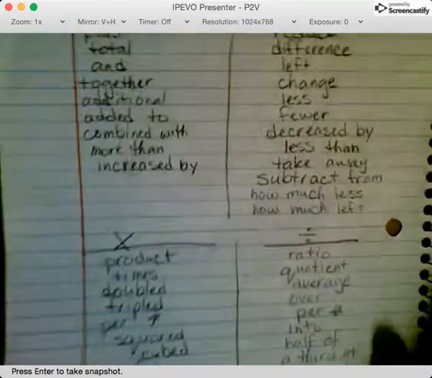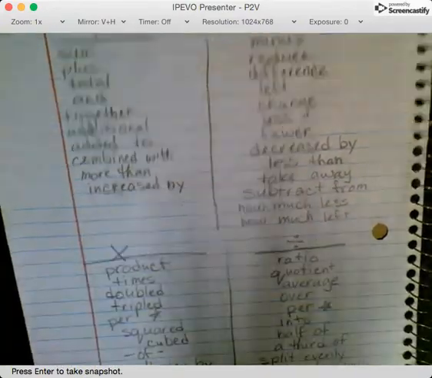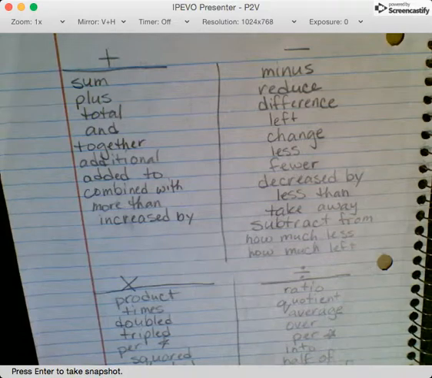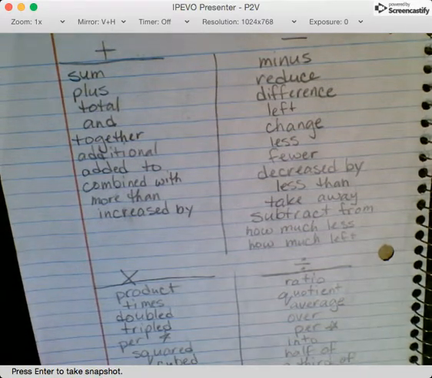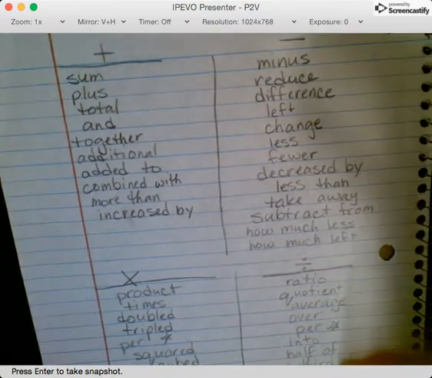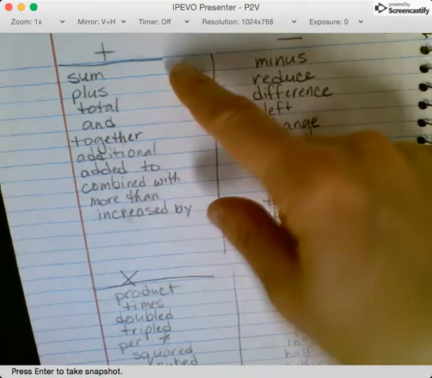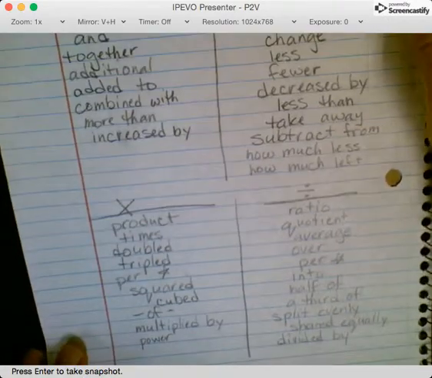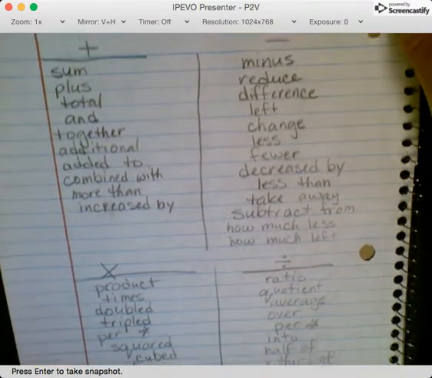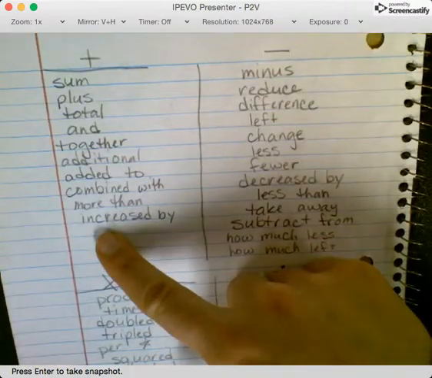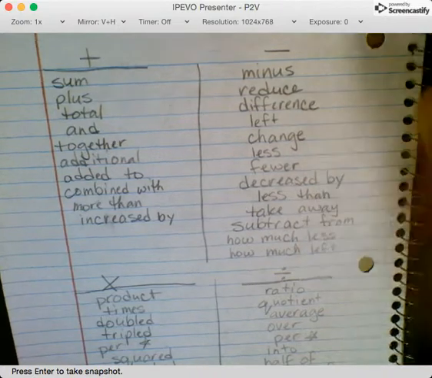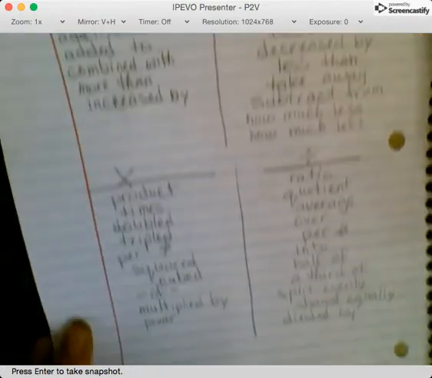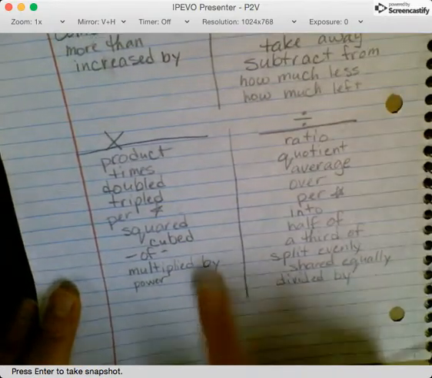And some of the other things that I want to review are keywords that help us to know what to do. So I'm not going to read through each of these because we went over them in another video and you should have them in your notes. But these are the ones for addition. These are the ones for subtraction, or the indicators for each of those.